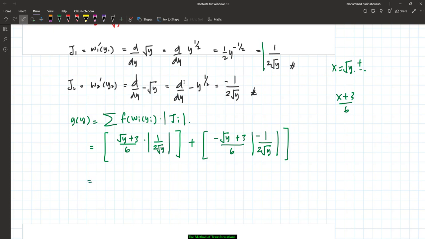Cool. So now can you solve this one? So this one should be, let's say kita pemudahkan sikit sebelah sini kan. Square root of y plus 3 divided by 12 square root of y, and this one should be try kat sini dulu. This one should be square negative y, this is positive y negative 3 divided by 12 square root of y.